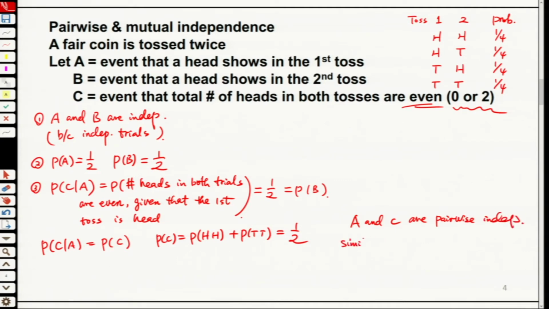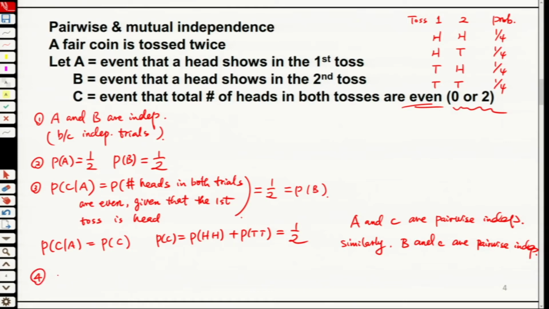Similarly, B and C are pairwise independent.